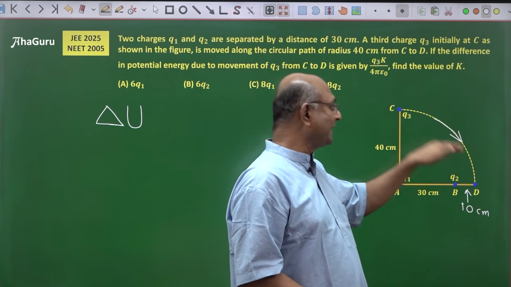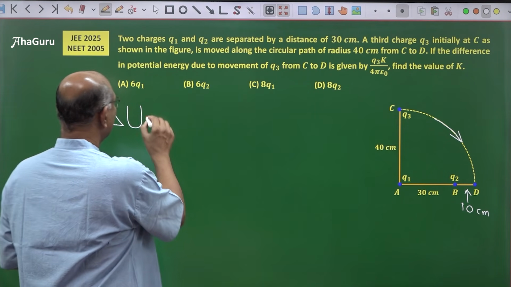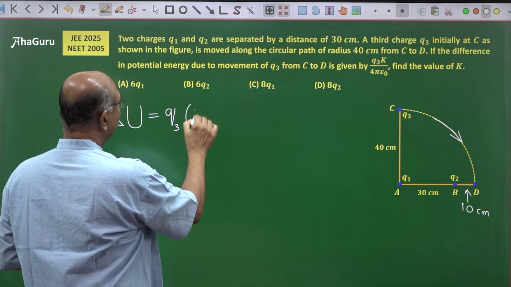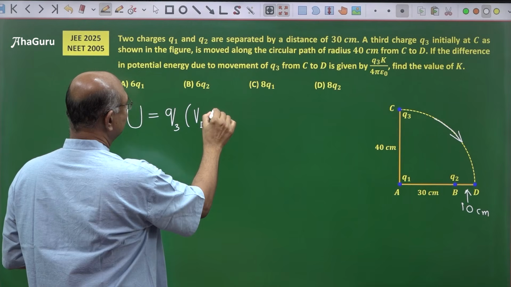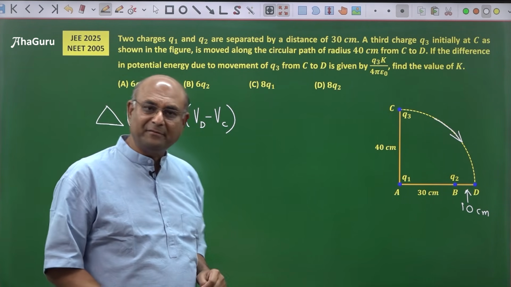Change in potential will be final minus initial. So Vd minus Vc. So Q3 times (Vd minus Vc). So that means we need to find Vd and Vc.